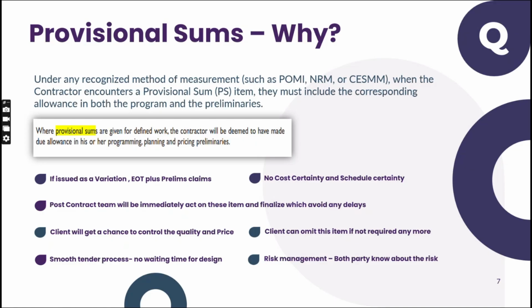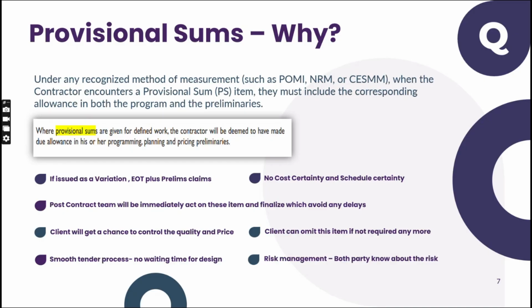So in any method of measurement, be it POMI, be it NRM, be it SESM, they define that if you see a PS item in your bill of quantities or in the RFP, as a contractor, you should assume that the work is coming to you and you have to consider that in your program and in your preliminaries.